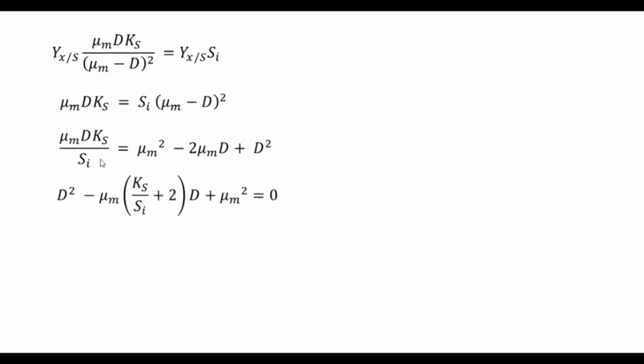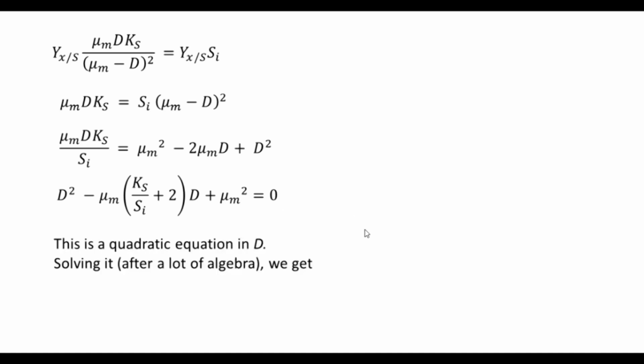I am trying to write this in terms of an explicit quadratic expression in terms of D. Therefore, D squared, I am just bringing this term to this side, D squared minus 2 mu m minus Ks by Si, you have a minus here, so that takes care of it, plus mu m squared equals 0. And if you solve this algebraic quadratic equation, it will involve a lot of algebra.